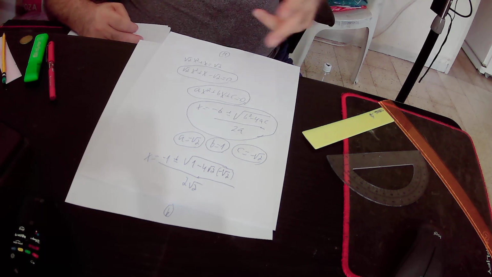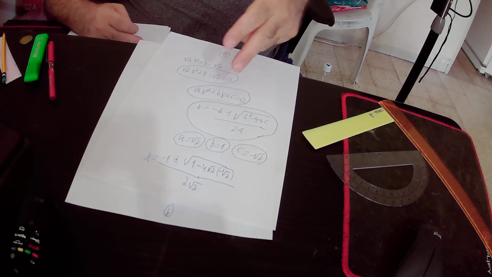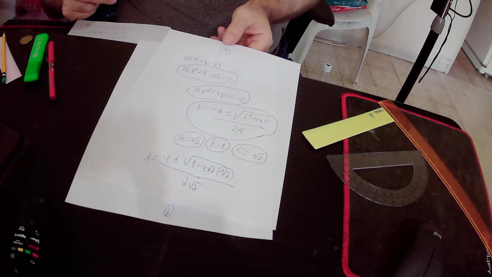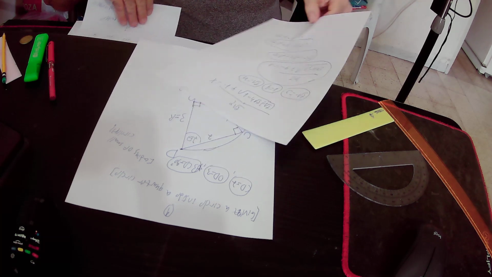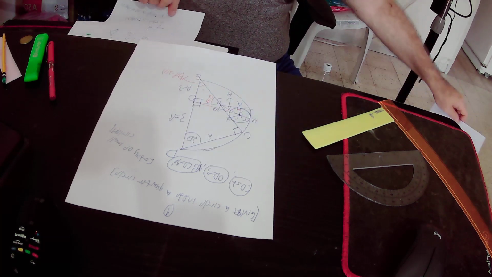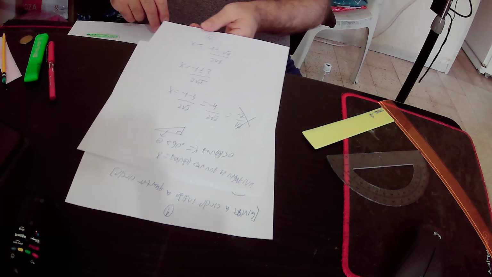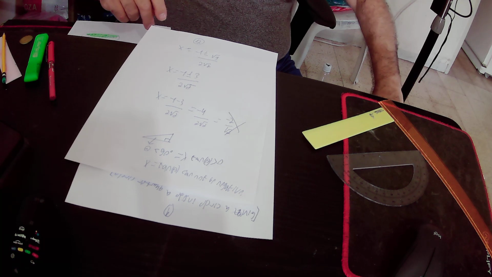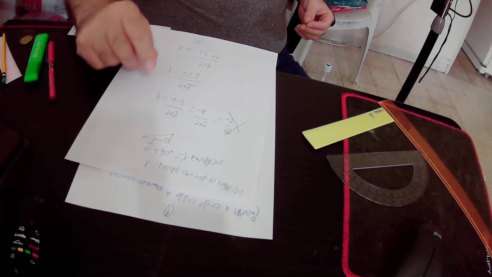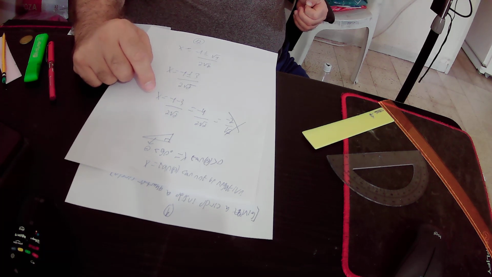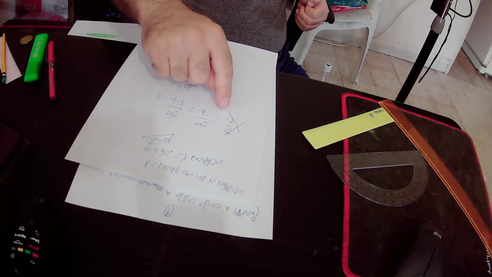So we substituted a, b, and c by their values, and we found out that x equals, we have the first solution that is actually negative, but we know that theta is less than 90 degrees, therefore tangent theta must be a positive number, therefore x, which equals tangent theta, cannot be negative, so this is the wrong answer.